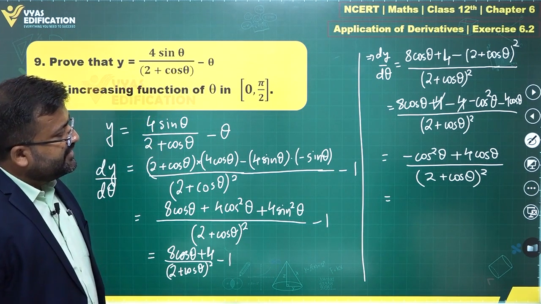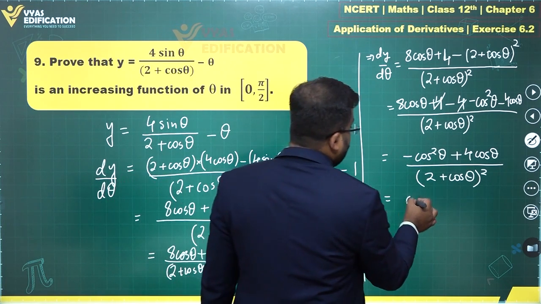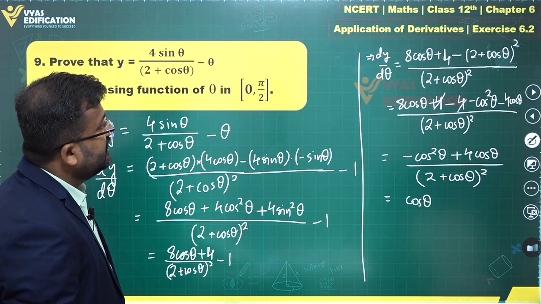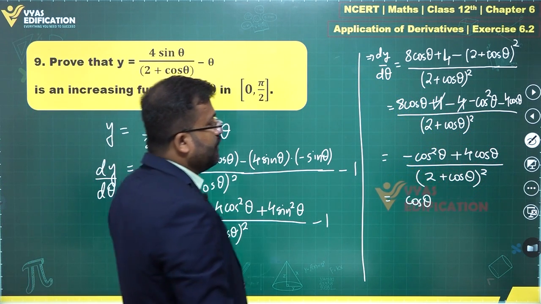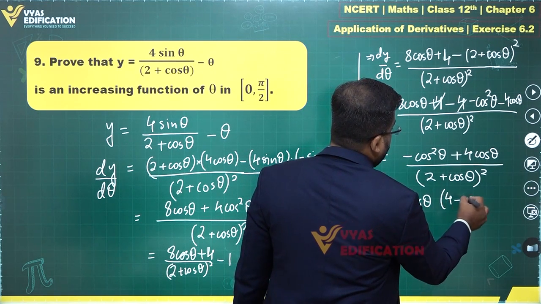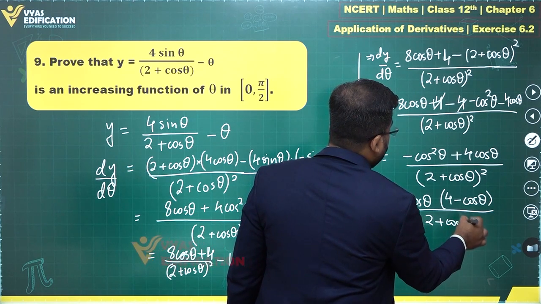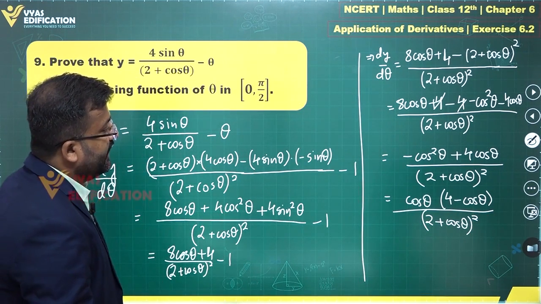Yes, cos theta will come out common in the numerator, and what remains is 4 minus cos theta. The denominator is 2 plus cos theta whole square.